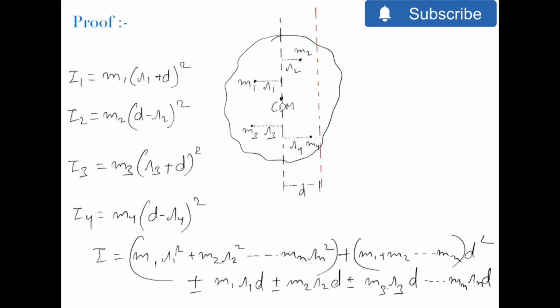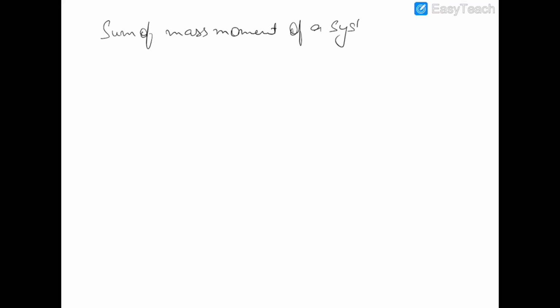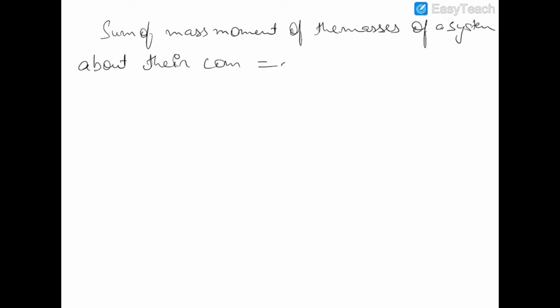So taking out this d as common, we know that if we take out this d as common, the sum of mass moments of the masses of a system about their COM is equal to 0.